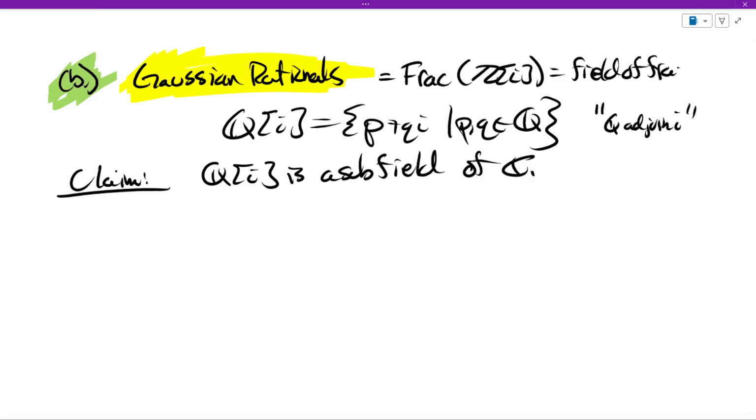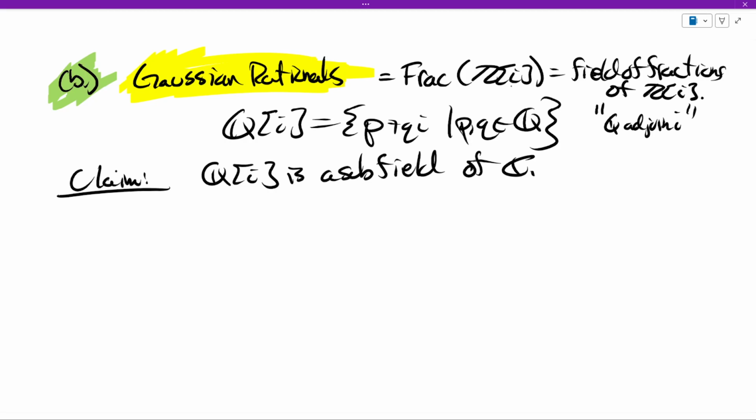So there's this controlled process of taking a domain, which Z adjoin i is. It's a ring without zero divisors. All subrings of C are domains. And producing a field from it in a natural way. There are lots of different ways of producing a field.